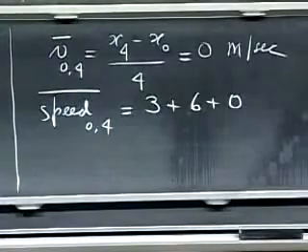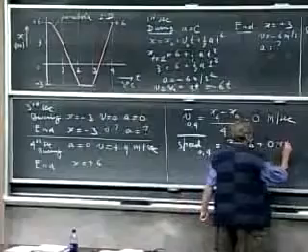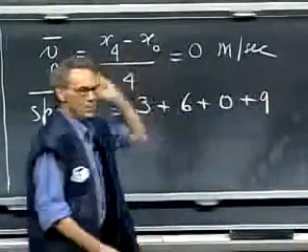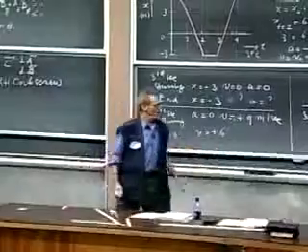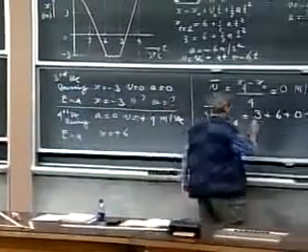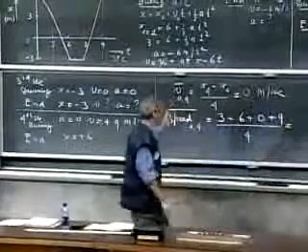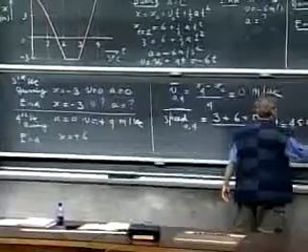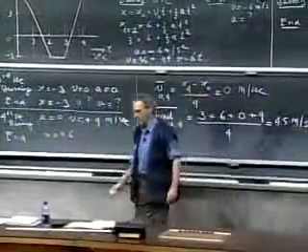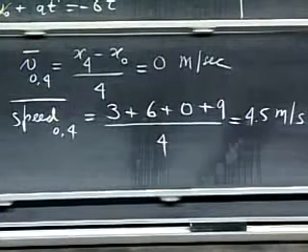And then in the last 1 second, it gets very active and it travels 9 meters. Notice you only see plus signs here. There are no minus signs. It would make no sense. And this occurs in 4 seconds. So that is 4.5 meters per second. So the average speed is 4.5 meters per second, but the average velocity is 0.